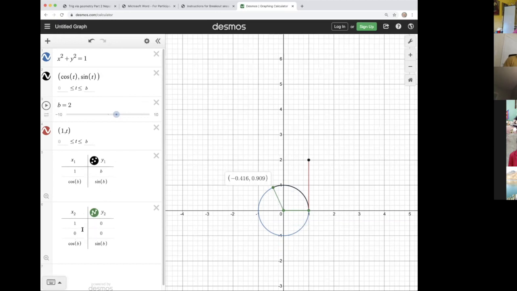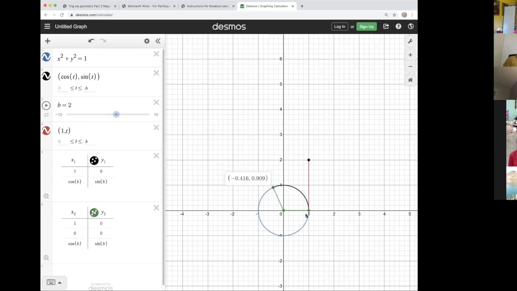And then the last thing we have, in order to graph this central angle, is we're going from 1, 0, the first ordered pair in the table, to 0, 0, the origin. And then we go to the point on the unit circle, cosine of b, sine of b. And then we connect those. You can see it shows that the dots are being connected.